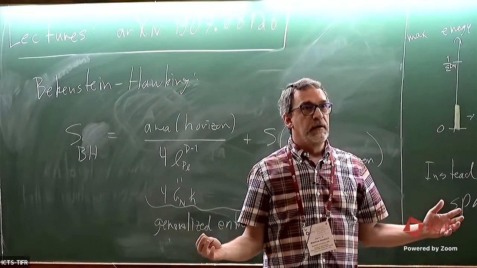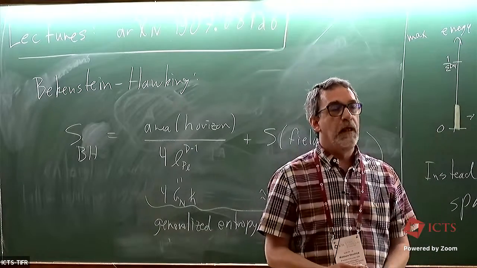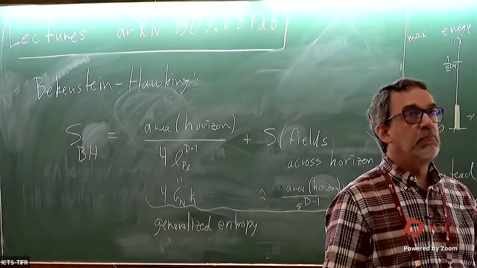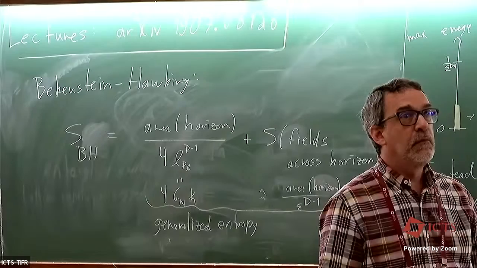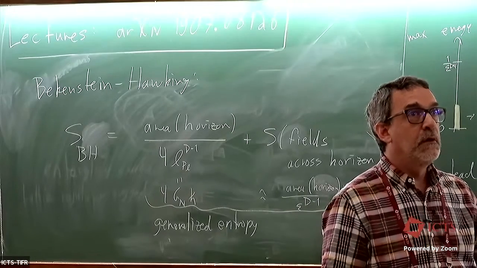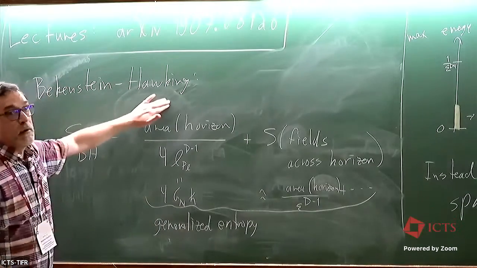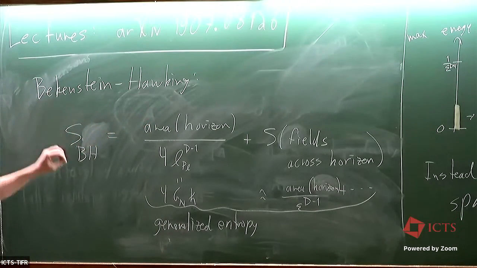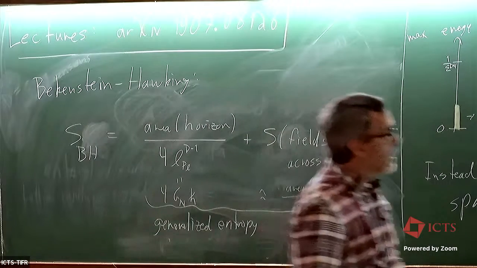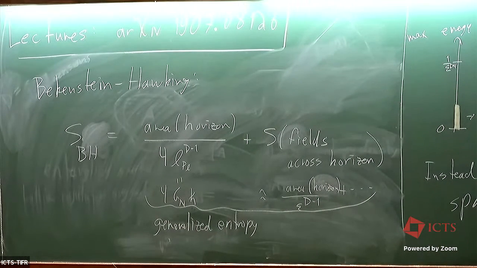Can I ask a question? Yes. Where is the gravity quantized here? I mean, it's some fixed background you're working with, right? No, now I'm doing quantum gravity. Oh. Yeah. This formula that you wrote, actually, the Bekenstein-Hawking or generalized entropy formula, it's for a fixed background, right? No, it has a G Newton in it.